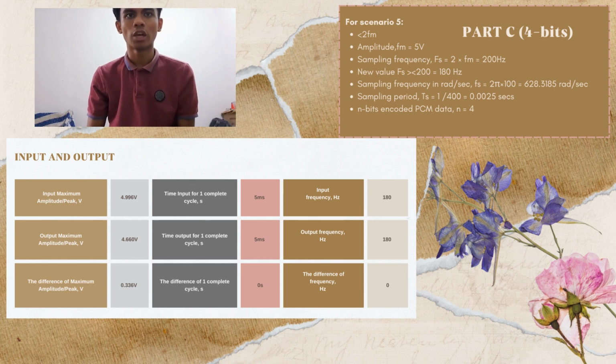For the input and output, the time for 1 complete cycle is the same, 5 milliseconds, without difference, and the frequency we changed the value to is 180 Hz. So the difference of the frequency remains the same, which is 0.